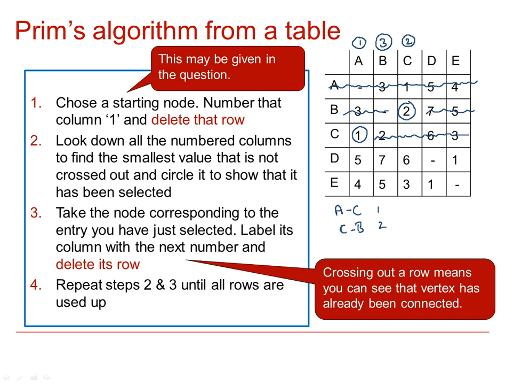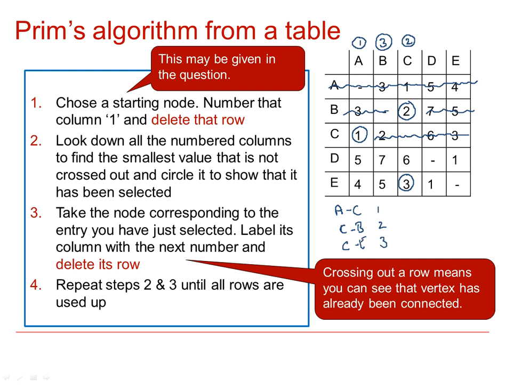We've now got 3 columns to look at, and so we're looking for the smallest value there, and you can see that this time it's here at number 3. So that's E that we're going to join. We're going to go from C to E, weight 3.